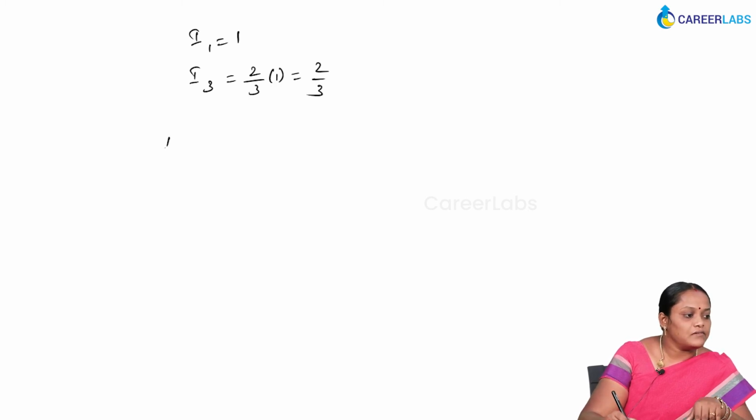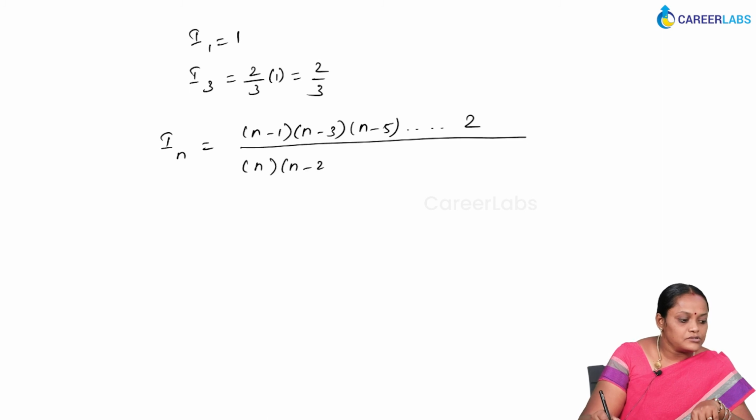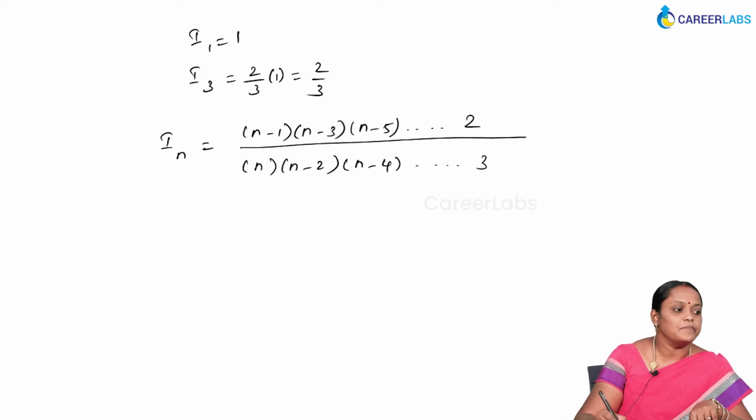So we can write the value of In as n minus 1 into n minus 3 into n minus 5, and so on till 2, divided by n into n minus 2 into n minus 4, and so on till 3. Okay, this is the formula for n is odd. Now we are going to discuss case 2.